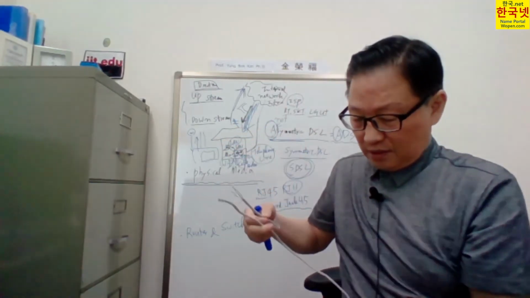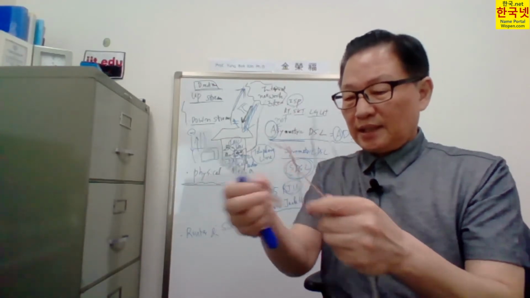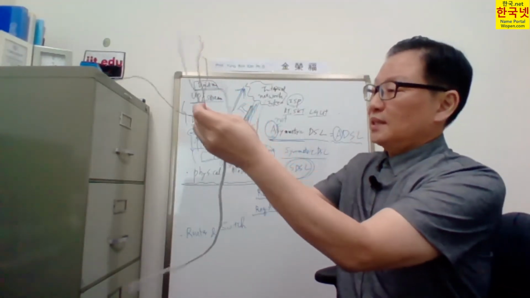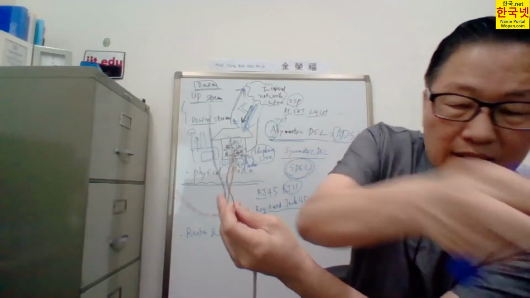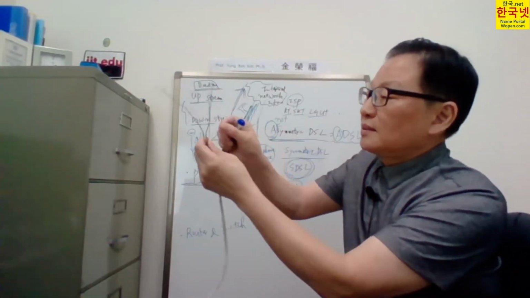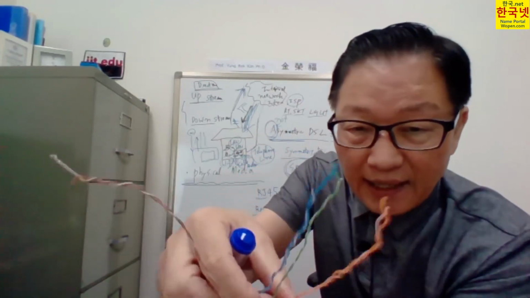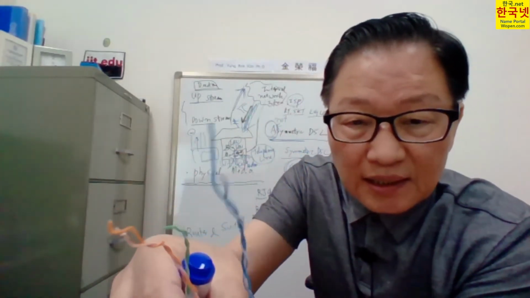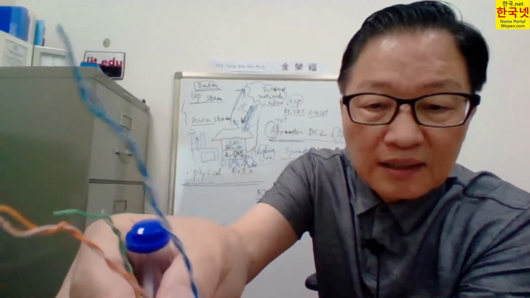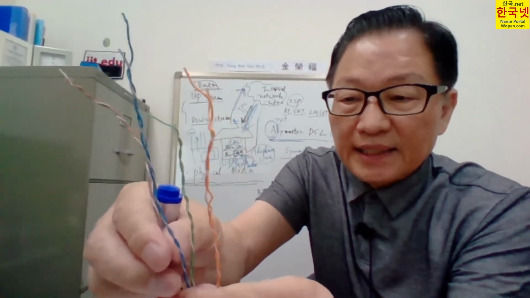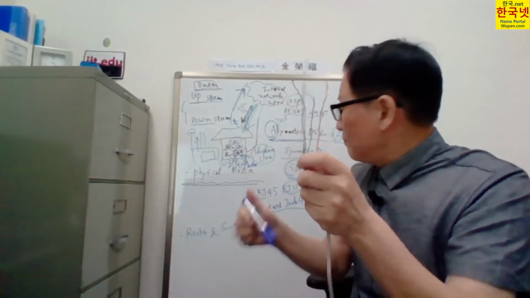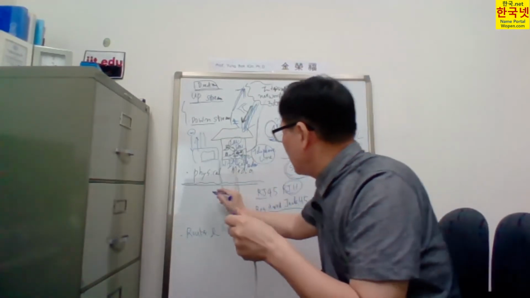Okay, here, same Ethernet cable, same 4 pairs, right? That means 8 wires, 4 pairs.